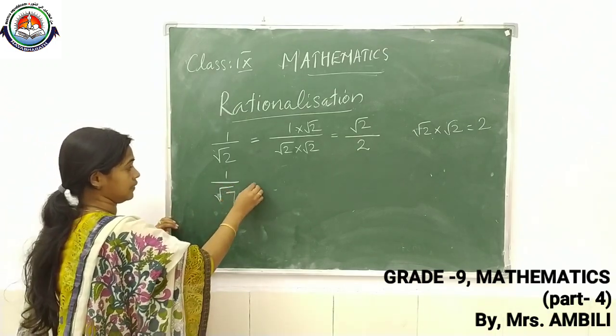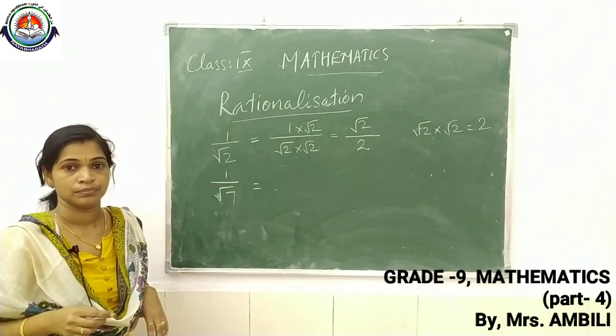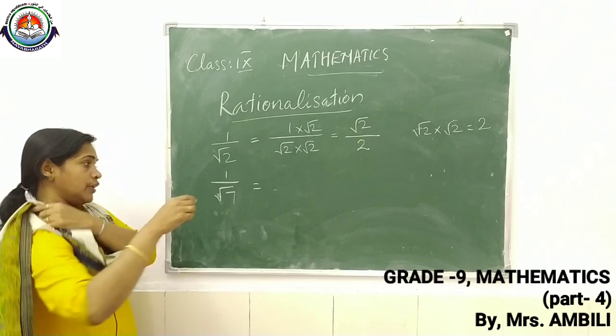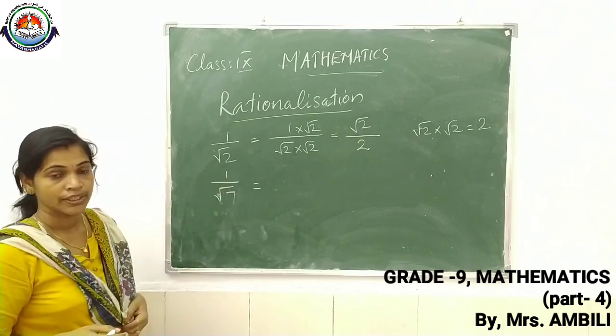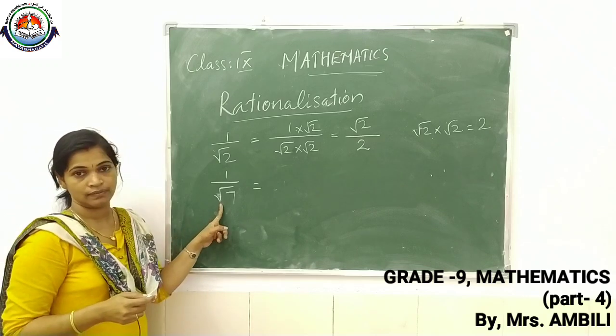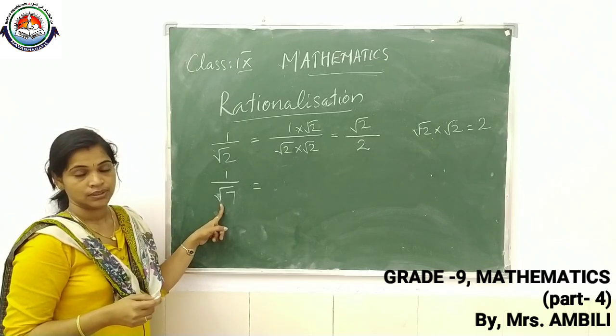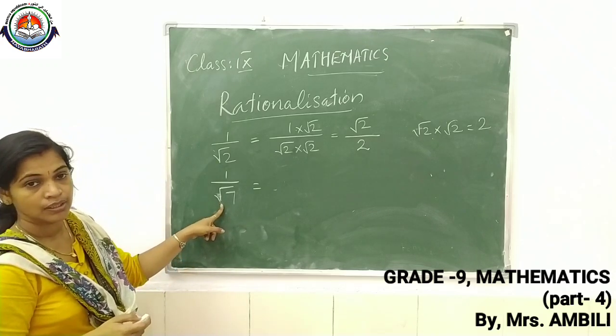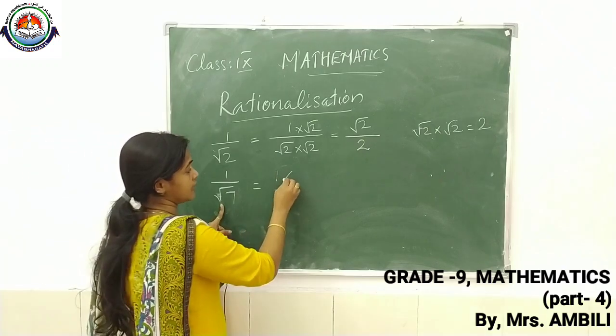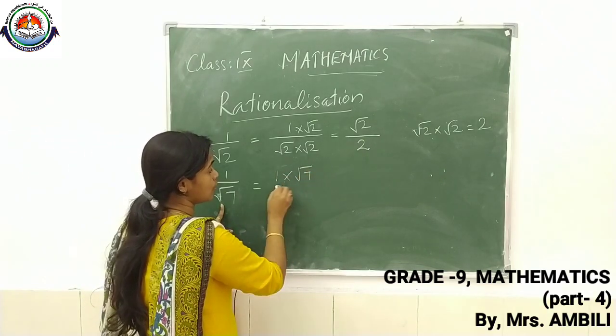1 by root 7. How will we do it? Here the denominator is root 7, which is an irrational number. So we multiply the numerator and denominator with root 7.